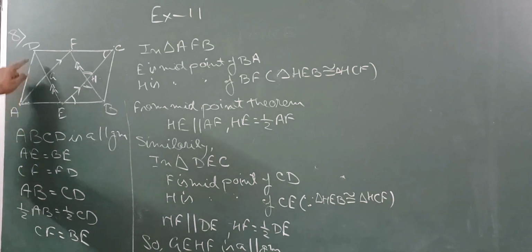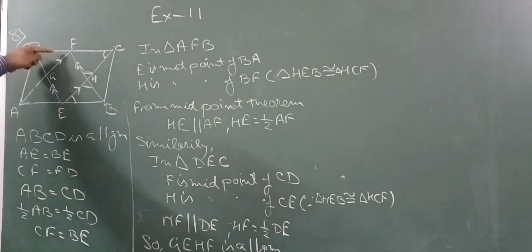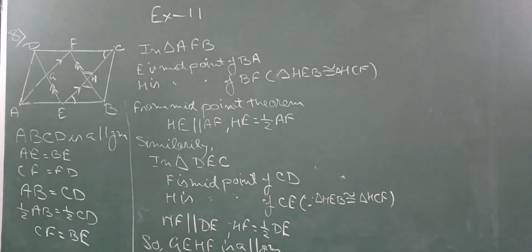If ED is parallel to HF, it means EG is also parallel to HF. Clear? And similarly, if this one is parallel to this one, this one is parallel to this one also. So GEHF is a parallelogram. Hope you are able to understand the concept. Need not solve more; solve up to question number 8 for this time. That's all for today. Thank you.